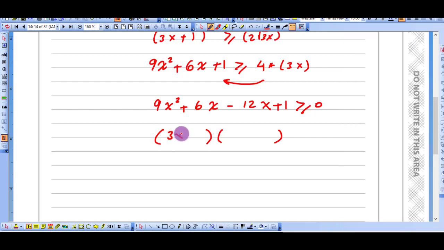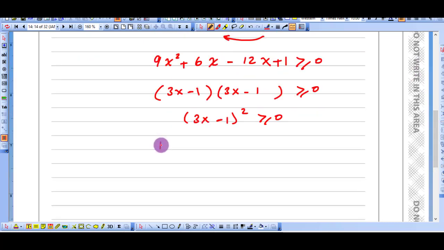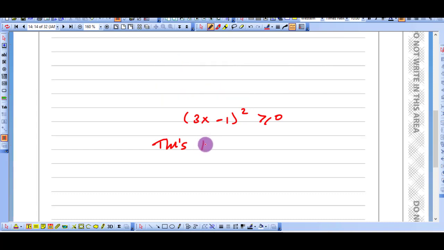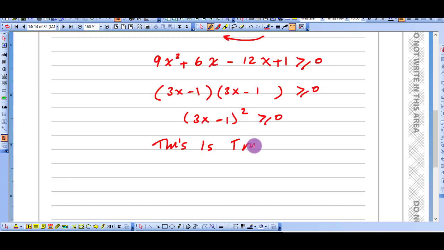So 3x minus 1 and 3x minus 1 bigger than or equal to 0. So we have 3x minus 1 squared bigger than or equal to 0. And this is true for all values of x bigger than or equal to 0.